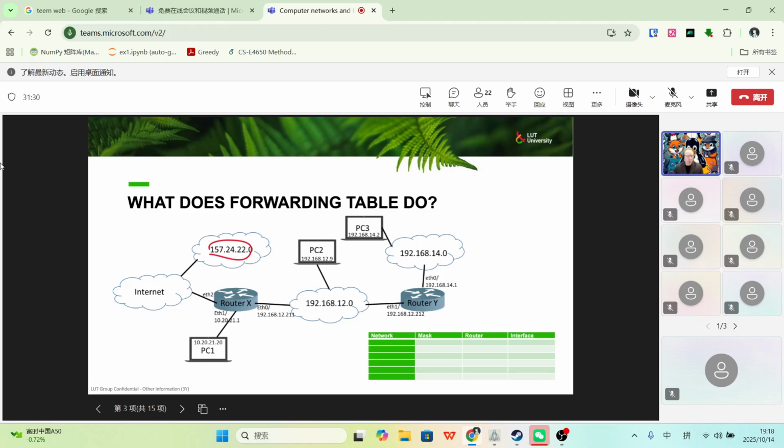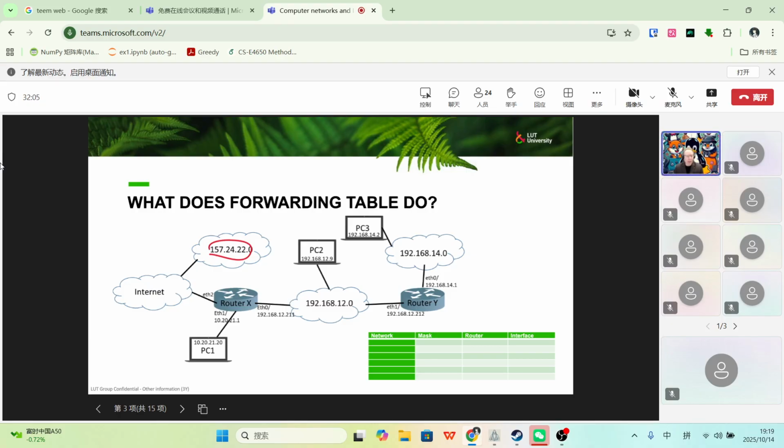So we have to know: are we going to send directly to a computer which is in a network connected to us, or do we have to send it to another router? Our link layer is not going to send it directly there, but we can send it to the router which is connected to one of the networks we are connected to.